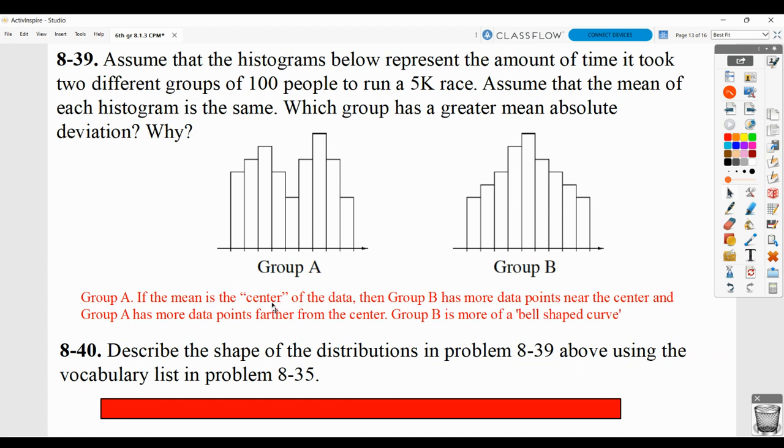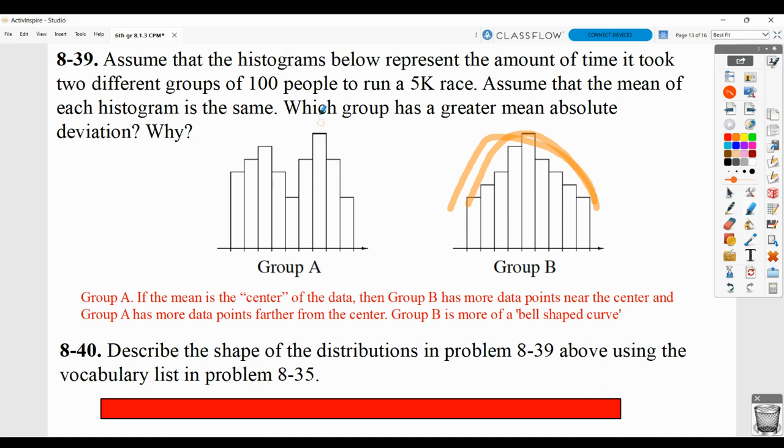mean is what we consider to be the center of the data, then we see that group B has more points near the center. So we see sort of this bell-shaped curve here, and these values are all fairly close to the center, to the middle, right?